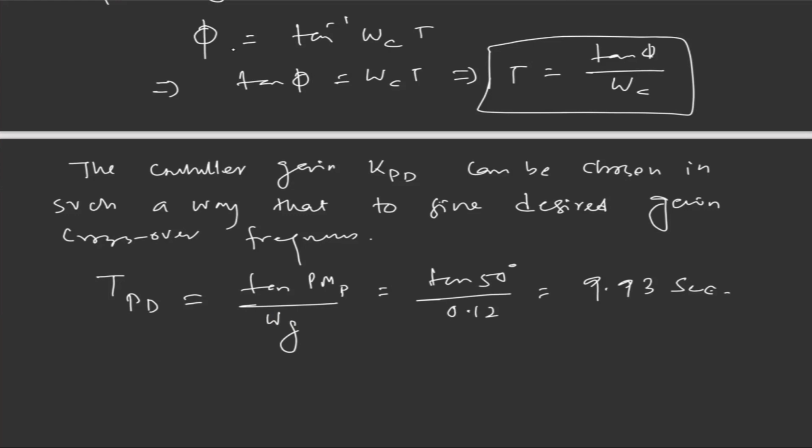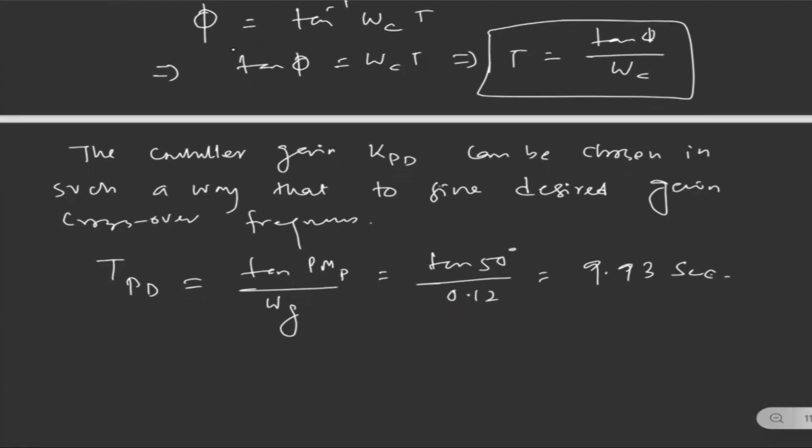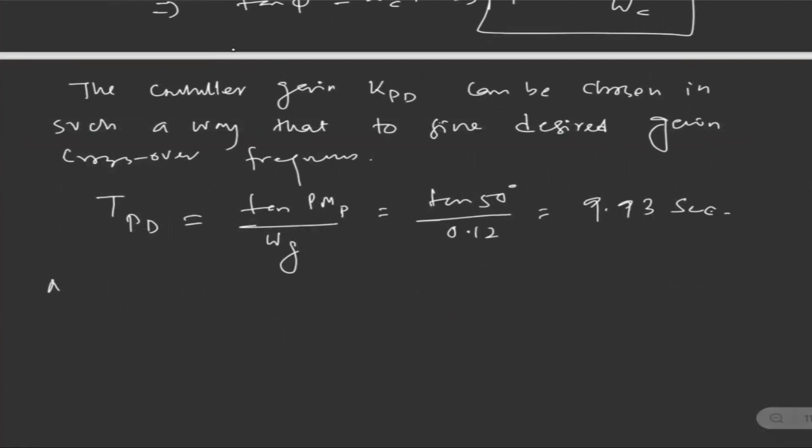Now we'll see the PI controller, which is basically giving the phase lag to the system. Let's work on the PI controller to find T_PI.